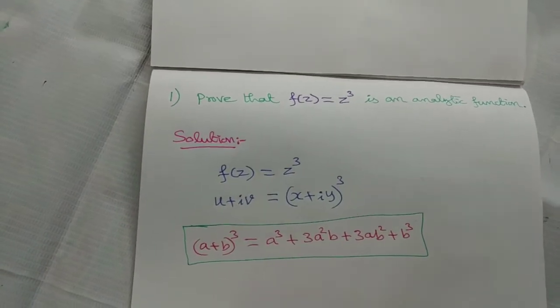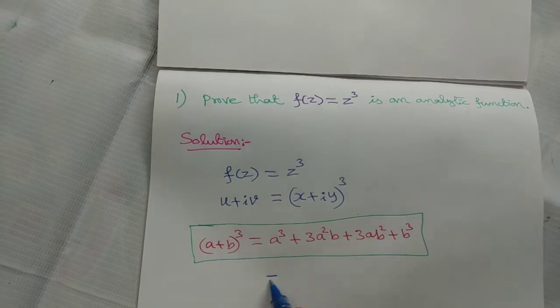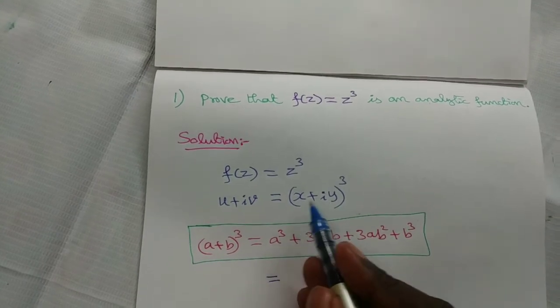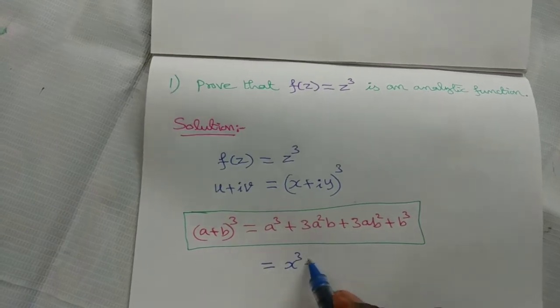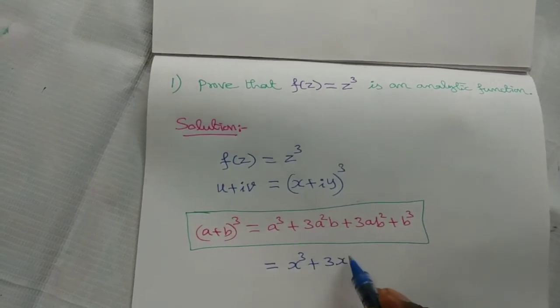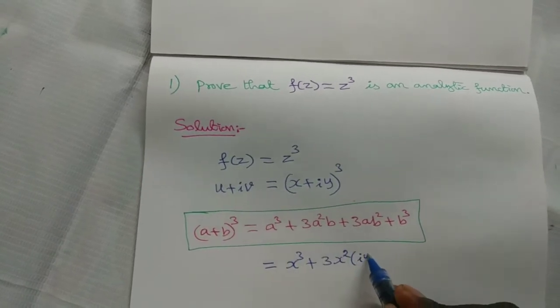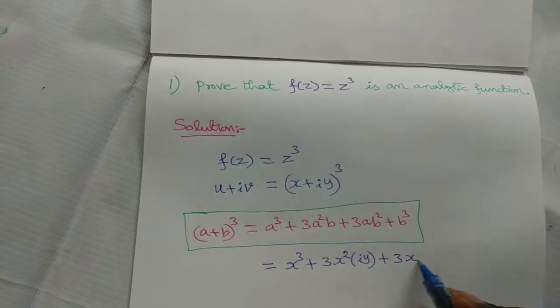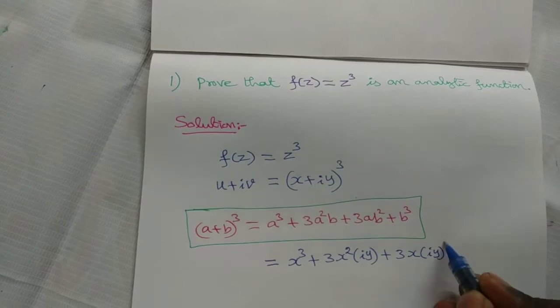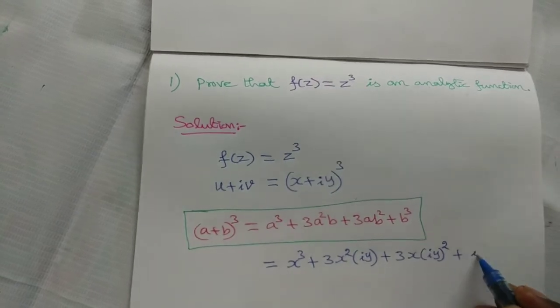By using this formula, this is a and b. So a³ + 3a²b + 3ab² + b³.